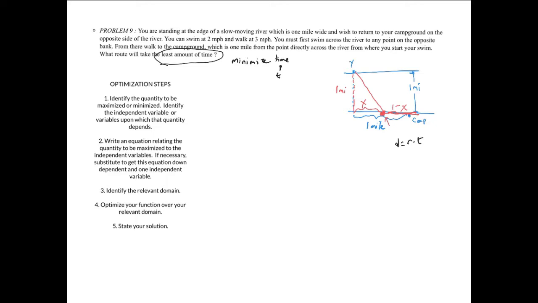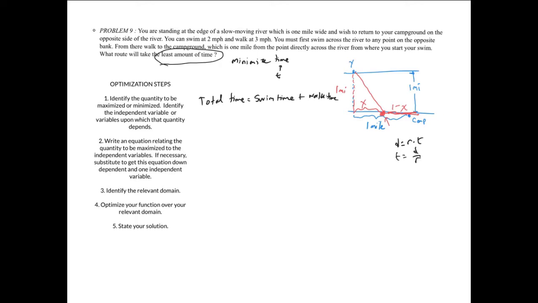So if I were trying to find time, which is what I'm trying to actually minimize, time would be distance divided by rate. Well, we've got 2 different times going on here. We've got the time swimming, and we've got the time walking. Walk time.